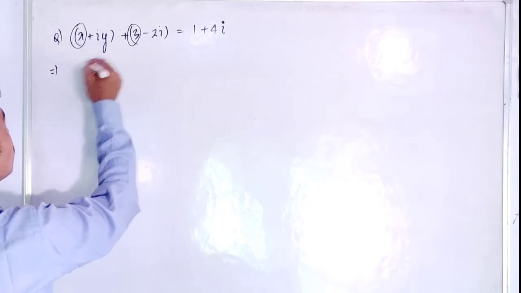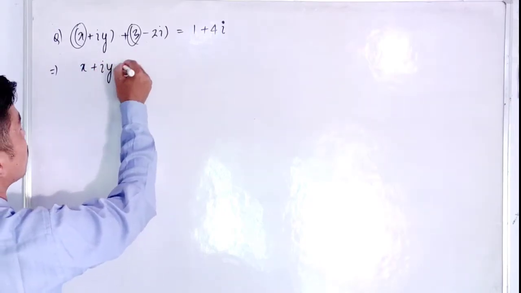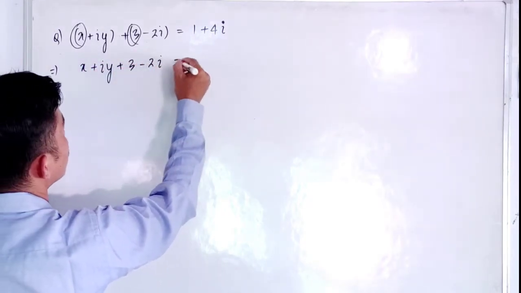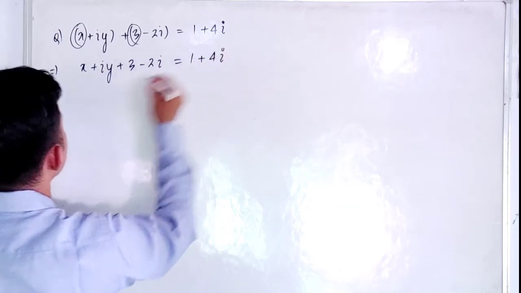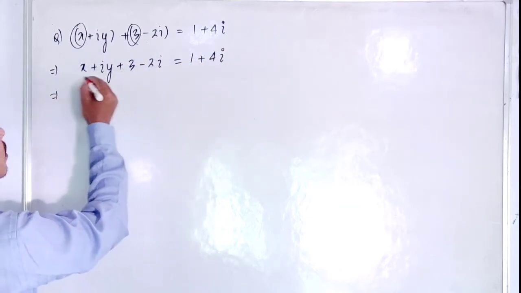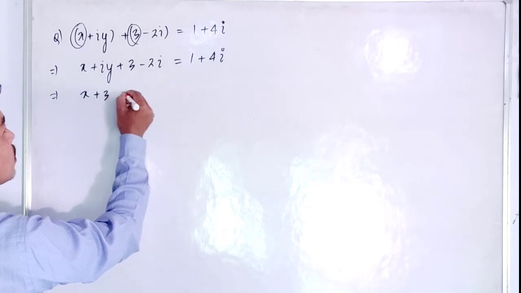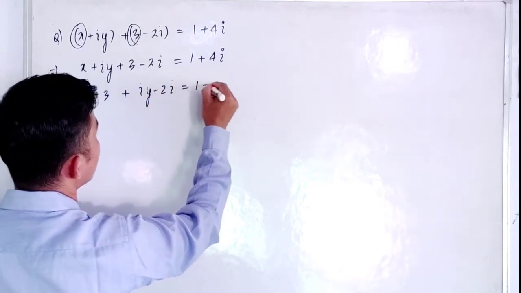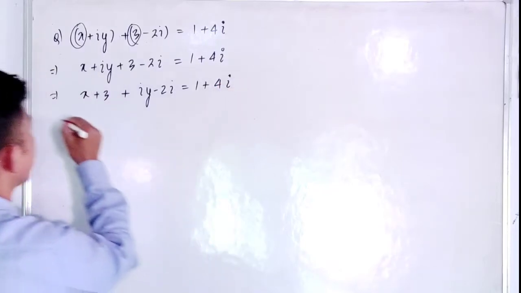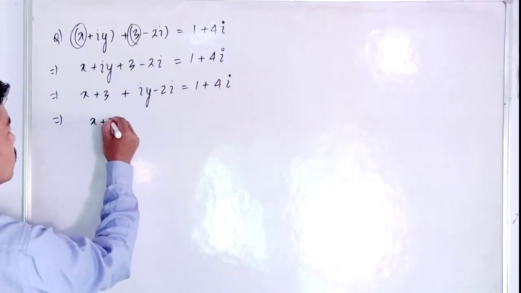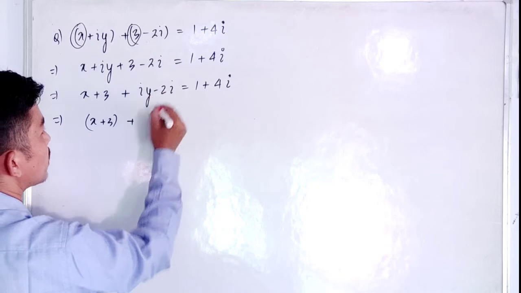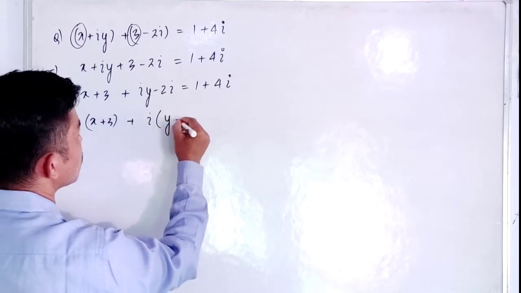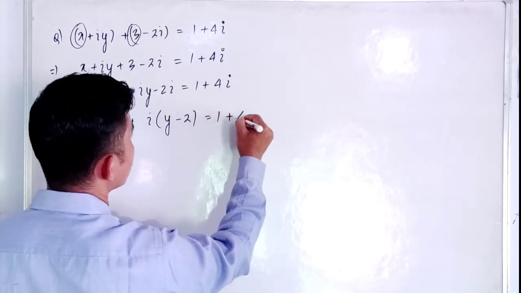If I open the bracket, it will be x plus iy plus 3 minus 2i equals 1 plus 4i. Adding the real parts, I get x plus 3 plus iy minus 2i equals 1 plus 4i, or simply x plus 3 plus, taking i common, i times y minus 2 equals 1 plus 4i.